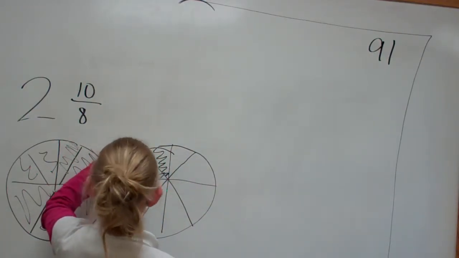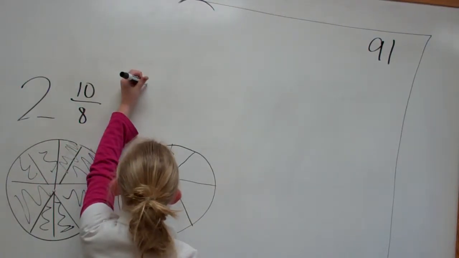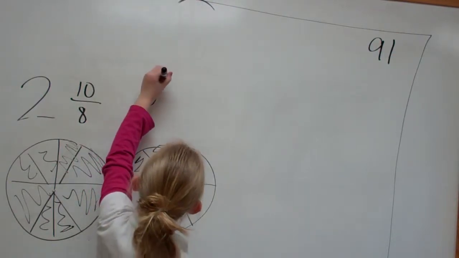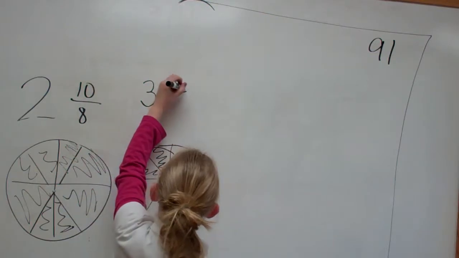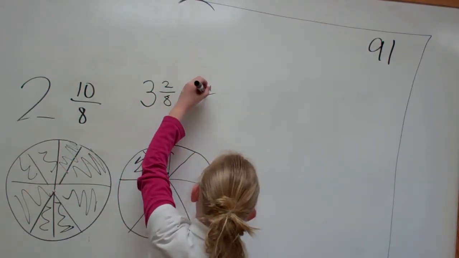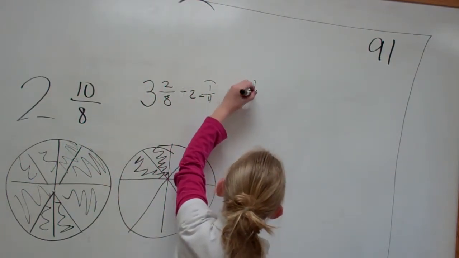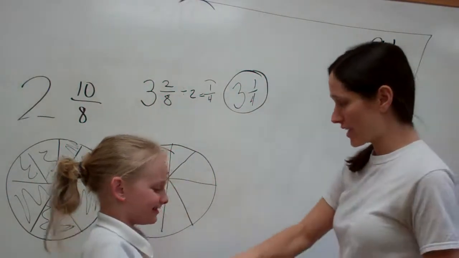Very good. So, it is 3 and 2 out of 8. Very good. Excellent. So what's the final answer? 3 and 1/4. Excellent. Give me 5. Way to rock it. Good job.